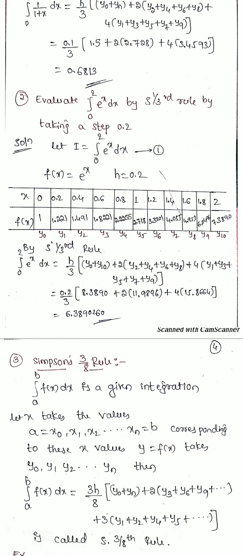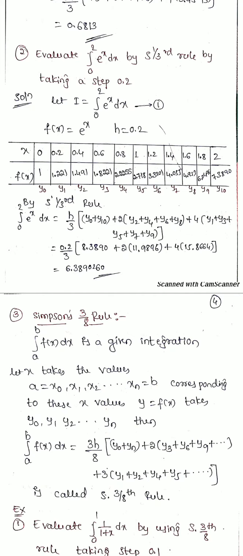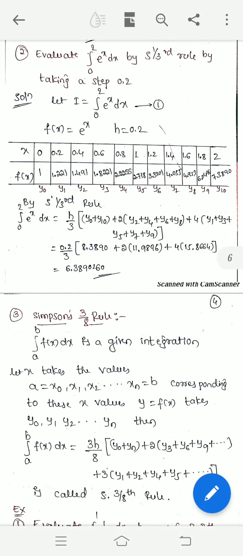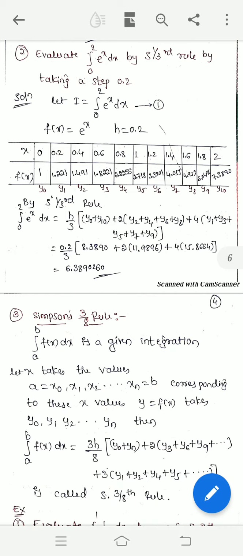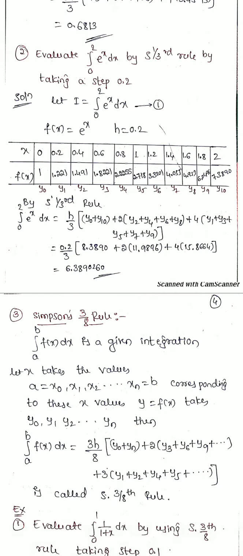Let I equal the given integral, integration from 0 to 2 of e power x dx, call it equation number 1. Here f of x is e power x, and h is equal to 0.2 as given.